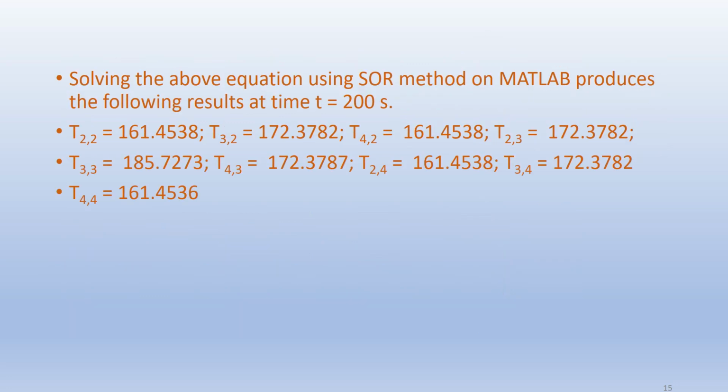We solve the above using the SOR method on MATLAB, and we get the following results at time equals 200 seconds. The temperatures at the 9 interior nodes are now shown here.